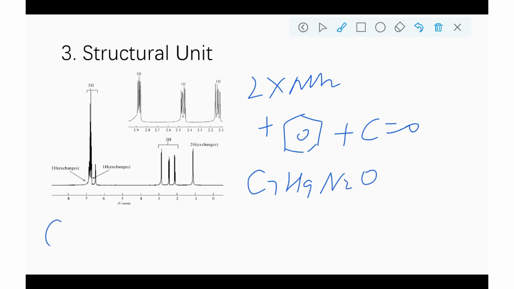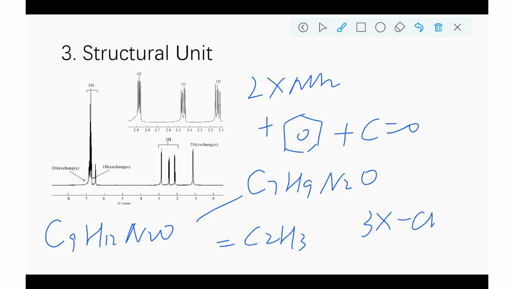And we already know our formula was C9H12N2O. So we find out there's a C2H3 left, which is contradictory to our hypothesis that we are going to have 3 methylene groups.